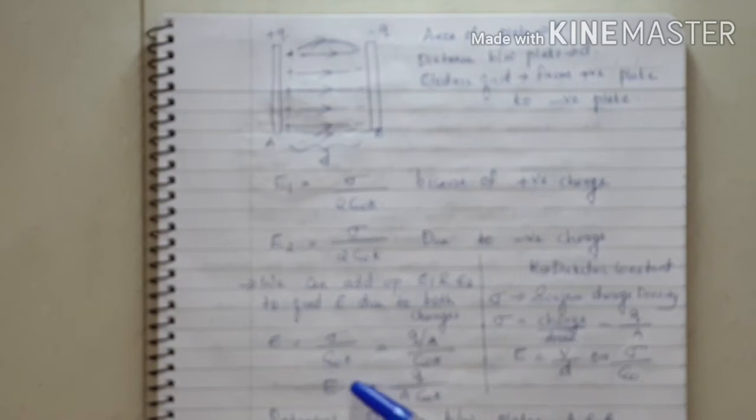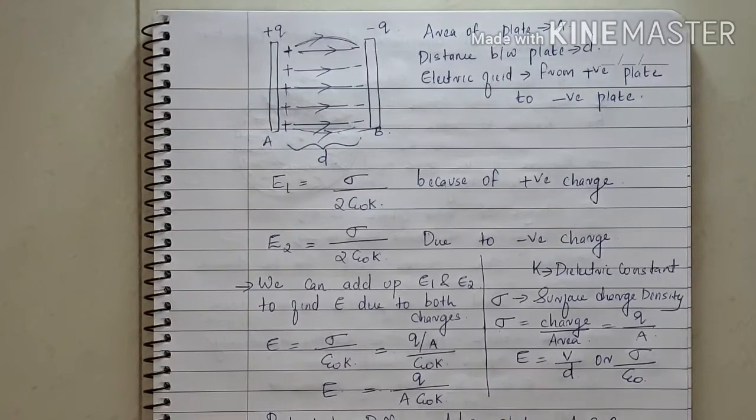So sigma by epsilon 0 K. Substituting the equation for sigma, that is Q by A divided by epsilon 0 K, which is equal to Q by A epsilon 0 K, where Q is the charge, A is the area of plate, epsilon 0 is the permittivity of free space, and K is the dielectric constant.